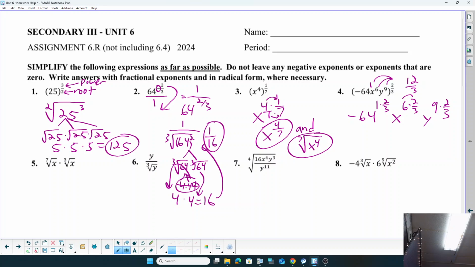And 12 divided by 3 is 4. 9 times 2 is 18. 18 divided by 3 is 6. So all we have left is the 64. And so negative 64, interesting. Well, it's going to be the cube root, but negative 64 is being squared. So that's going to be a positive 64.